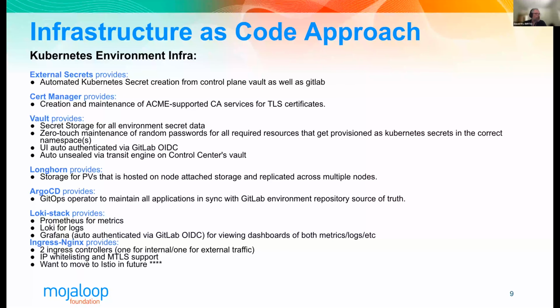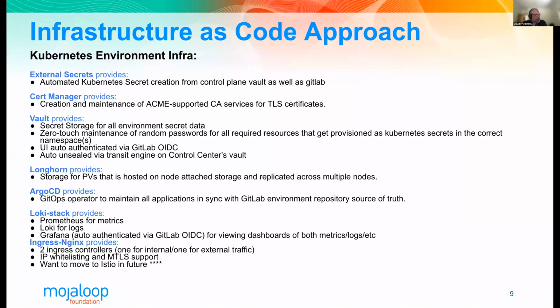And then another item that is going to change in the near future, we use Ingress Nginx, and that is providing mutual TLS support and IP whitelisting on top of its just Ingress controller functionality.